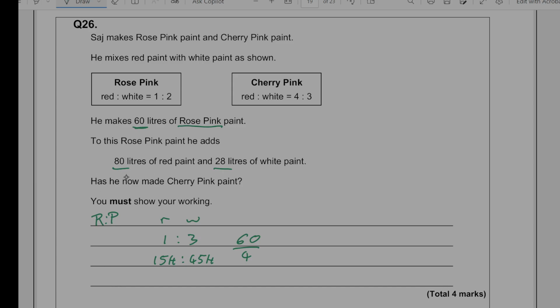We're then going to add on our new amount, so let's call it the added. So for red to white, we're going to add on 80 litres of white. So that will take us to 95 litres of red paint.